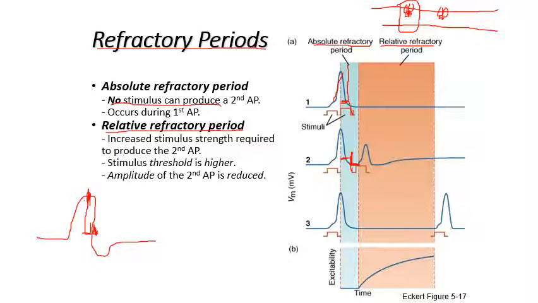But what do I need for another action potential? If I'm here, what's taking place? Can I have the same stimulus that brought me up to negative 55 before? No, because all I had to do was go from negative 70 to negative 55.